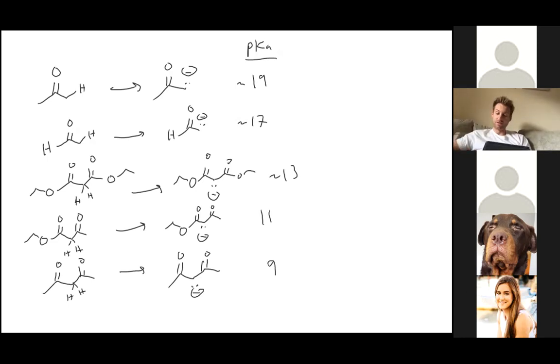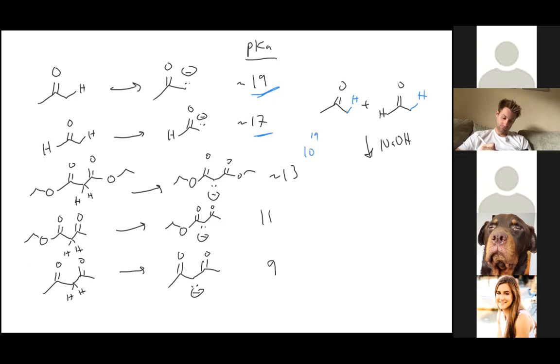So what does that mean? It means if we have an aldehyde and a ketone in solution and we add in a base, because we have a pKa of 17 versus 19 here, the likelihood of deprotonating the ketone versus the aldehyde is going to differ by 10 to the difference in power.